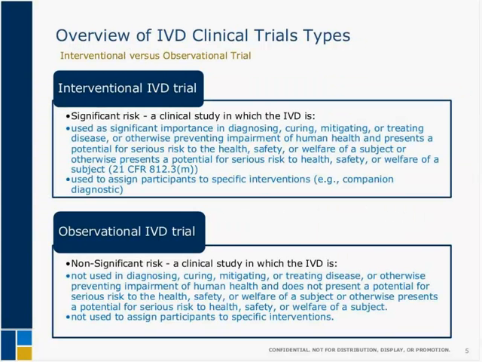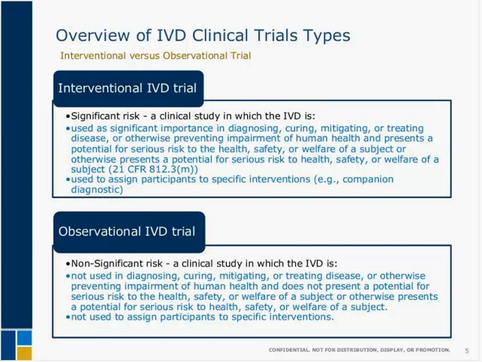Once we've defined those three criteria for designing your trial, then we have to look at what type of trial you are going to want to have, an interventional trial or an observational trial.